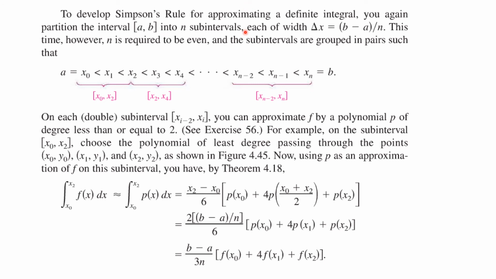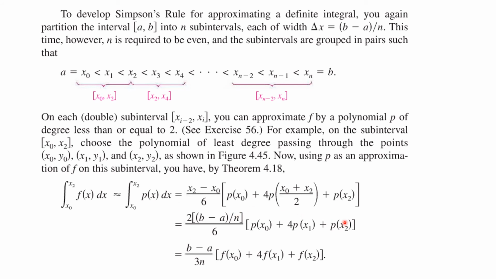So if we develop Simpson's rule for approximating a definite integral, you partition this into n equal-width intervals, like that, and we approximate f by p, so parabolic. So between x0 and x2, remember we use x0, x1, and x2. That's approximately the integral from x0 to x2 of the parabolic approximation.